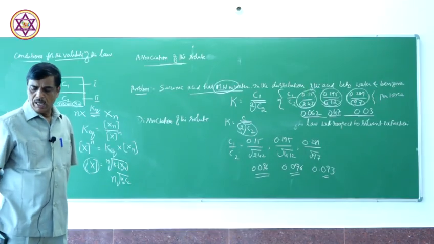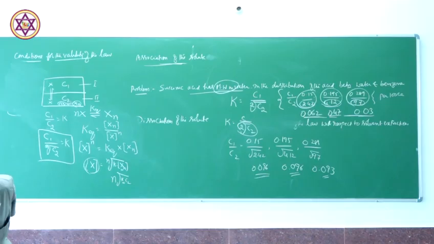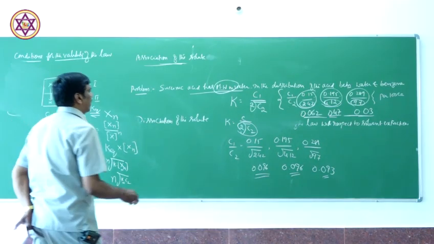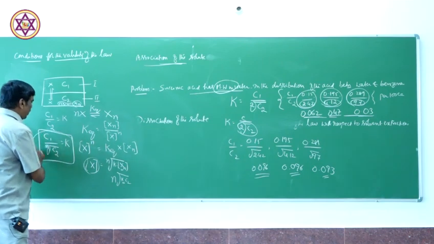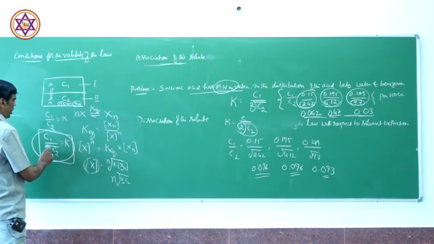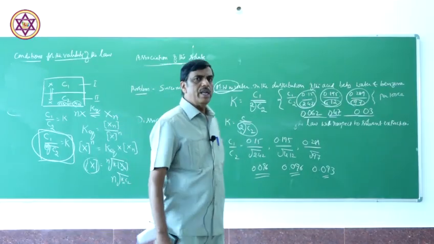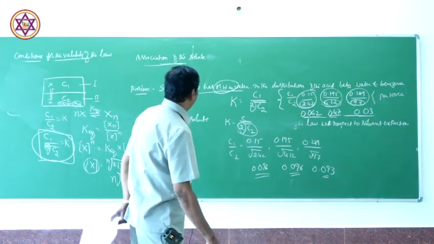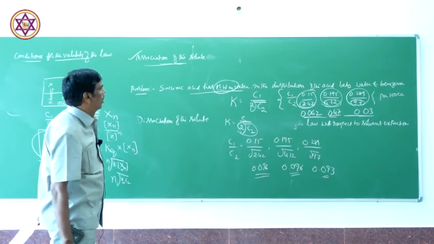From this dimerization value, we can determine the molecular weight. So that is the advantage of this. By knowing the equilibrium constant, we can find out the number of molecules that undergo association or dissociation, and using that we can determine the molecular weight of the solute when there is association of the solute.